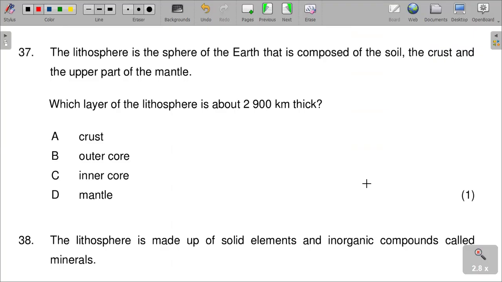Number 37, it is the mantle. The mantle is the one that is going to be such big.